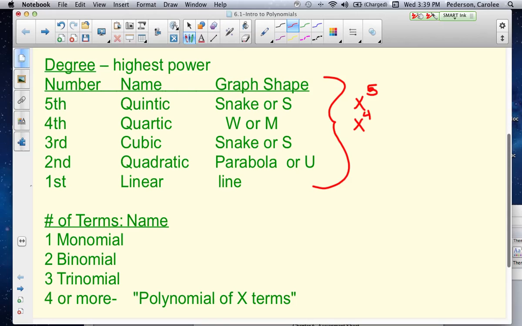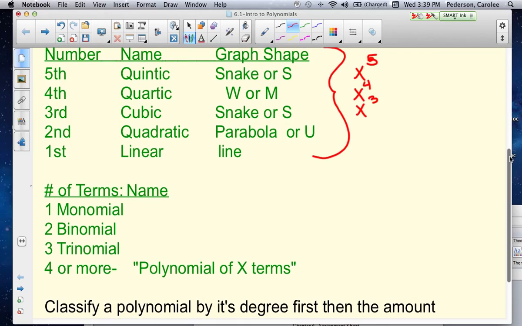A third degree polynomial would be like x cubed. We call those cubic functions. Their shape looks like a snake or an S. What probably looks familiar to you are the last two.